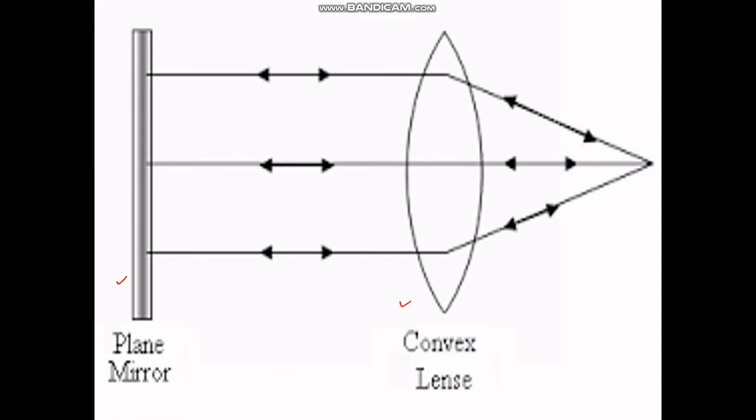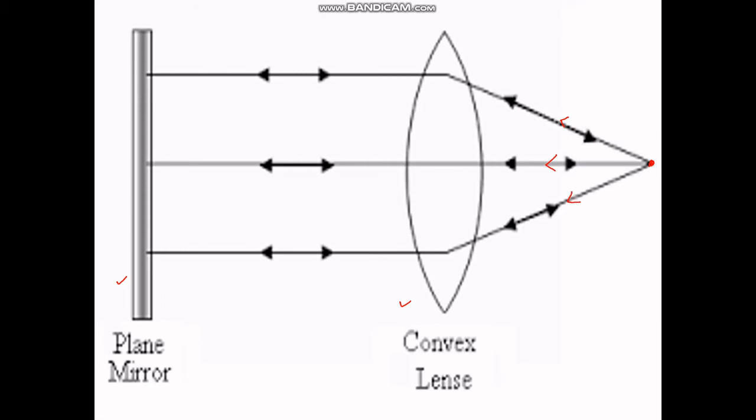This is done only for understanding, and the practical can be done in this manner also. Now see, this is an object. Let's say the light from this object is falling in this way on the lens.